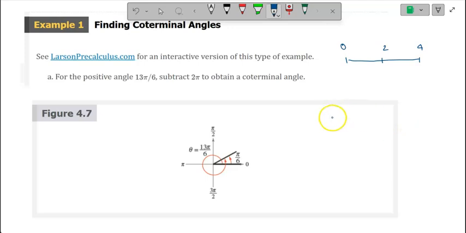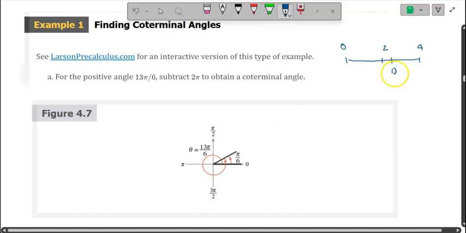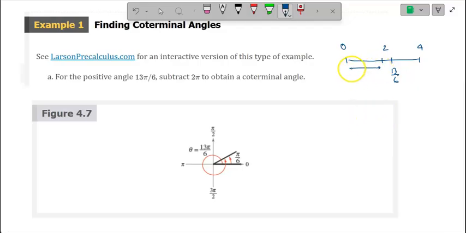So what we want to do here, 13 pi over 6. So 13 over 6 can be 2 point something. It can be here. So obviously you have this as extra, right? So what you're going to do is take 13 over 6 pi, and then take away from it 2 pi, all right?